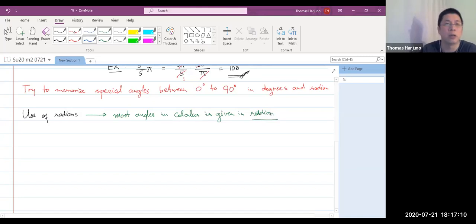Now, but the one that we can use right now, the uses of radians, first one, arc length.